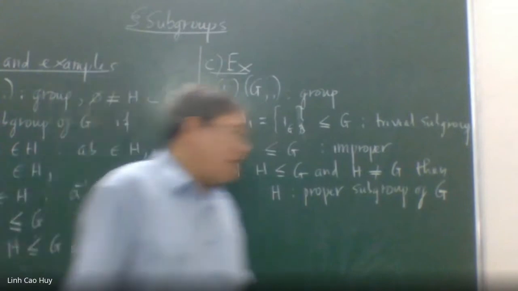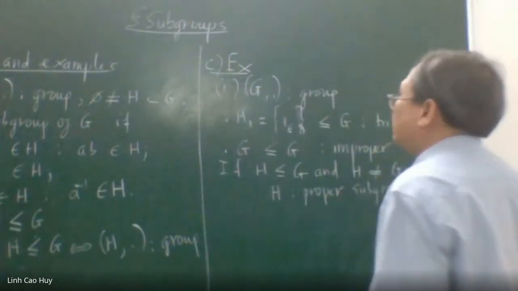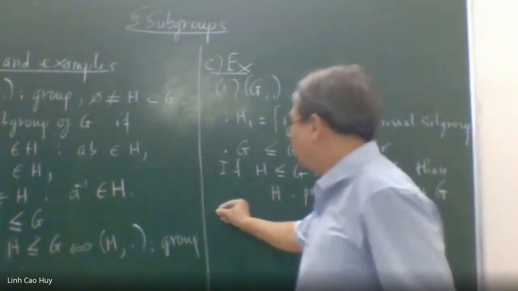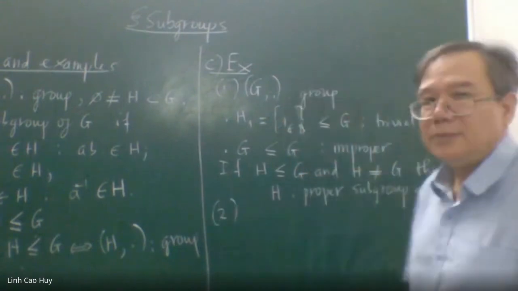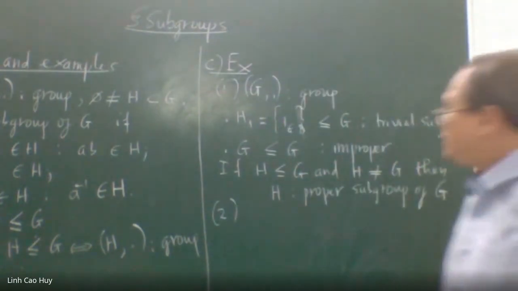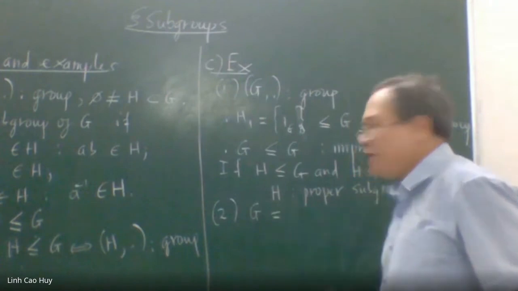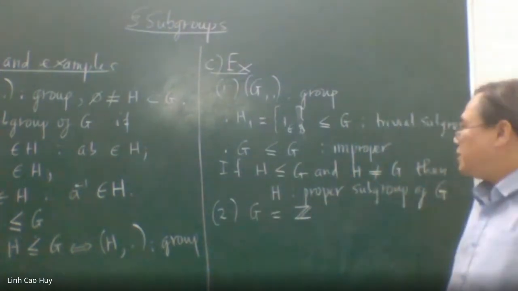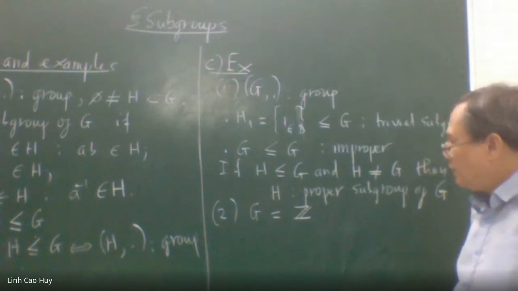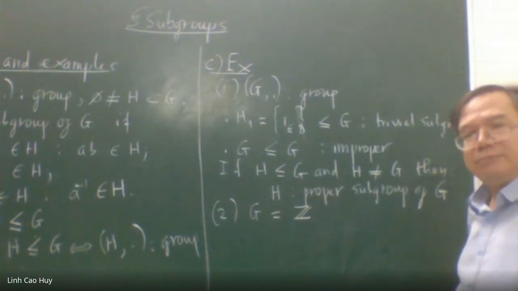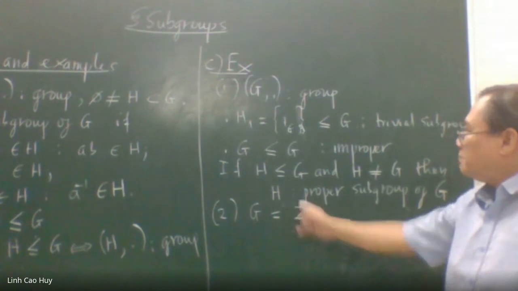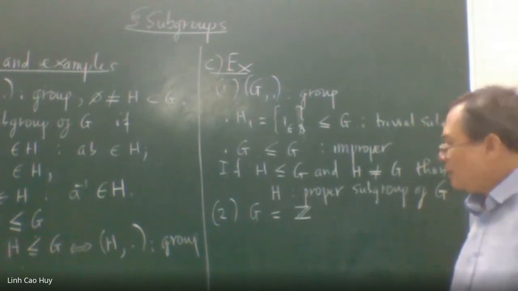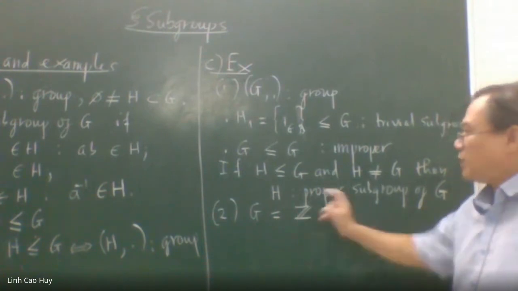Okay? And now we will see another example, the second. Now we take G, the additive group of integers.